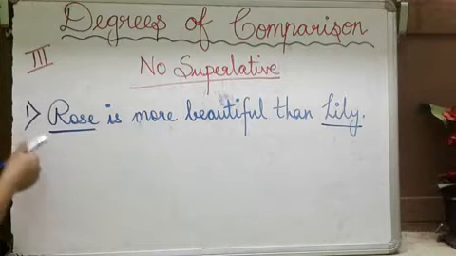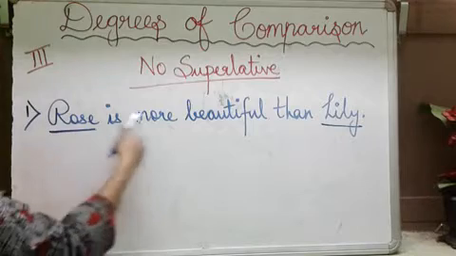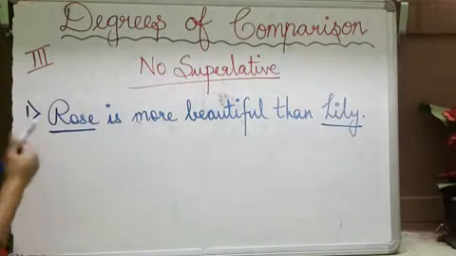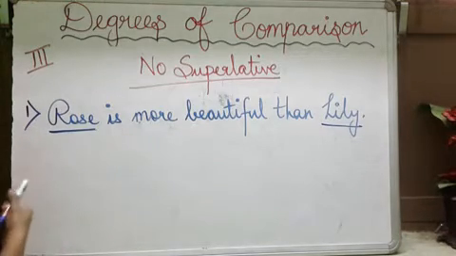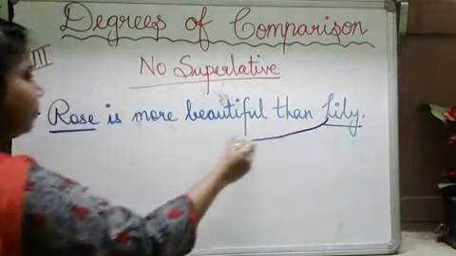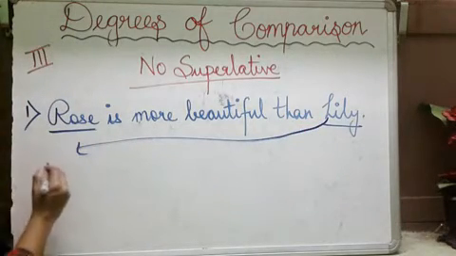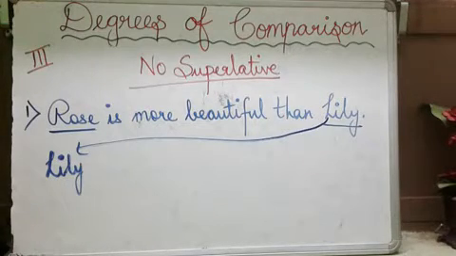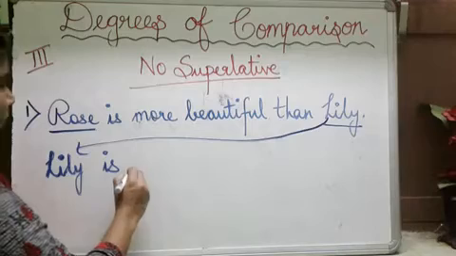Now when we change this into positive degree, this is in comparative degree, and it has to be changed using positive degree. When you change this into positive, you will bring Lily first, and you will use not in this sentence. How will you write?